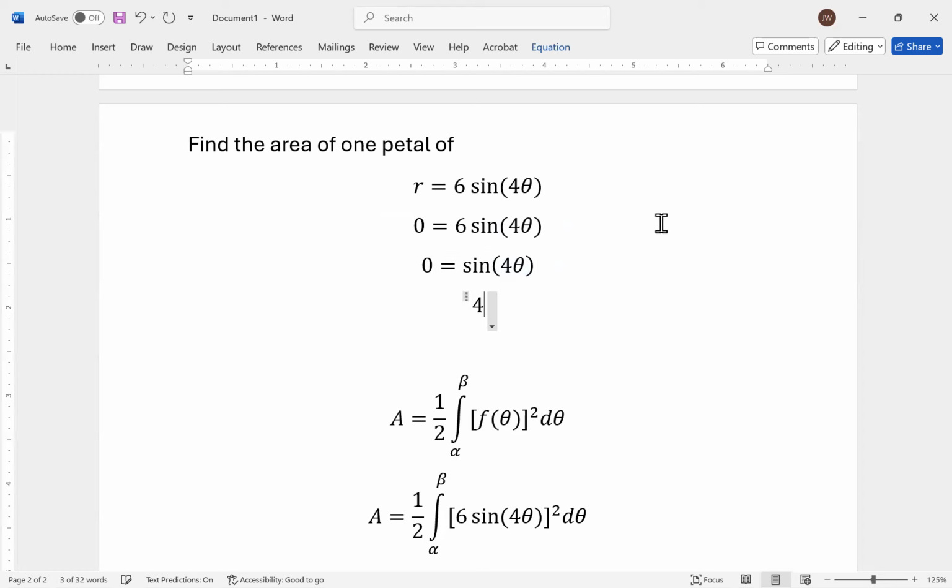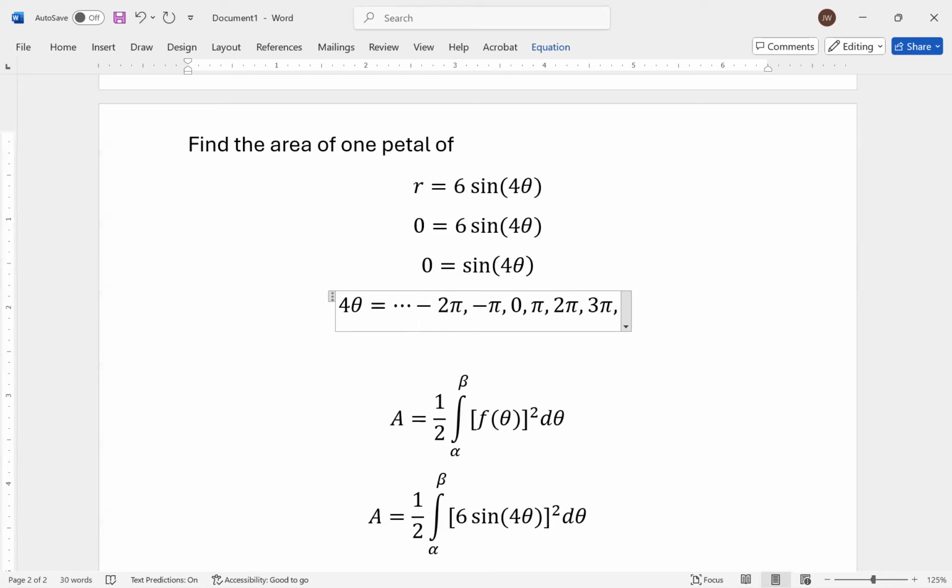Well, sine is 0 when the angle is equal to, well, there's infinitely many versions, but negative 2 pi, negative pi, 0, pi, 2 pi, 3 pi, 4 pi, 5 pi, 6 pi, 7 pi.